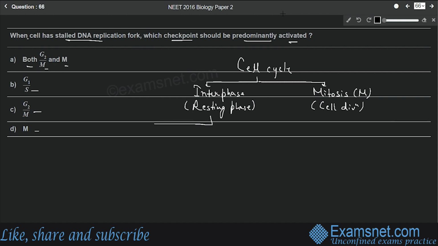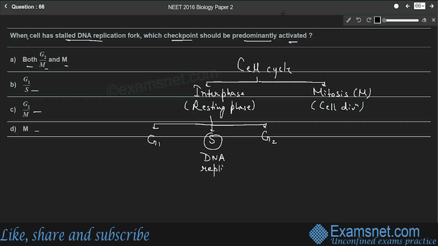This interphase further consists of the G1 phase, then S phase, and then G2 phase. G1 means growth 1 and G2 means growth 2. So the growth of cells takes place during G1 and G2, whereas during S phase DNA replication takes place.